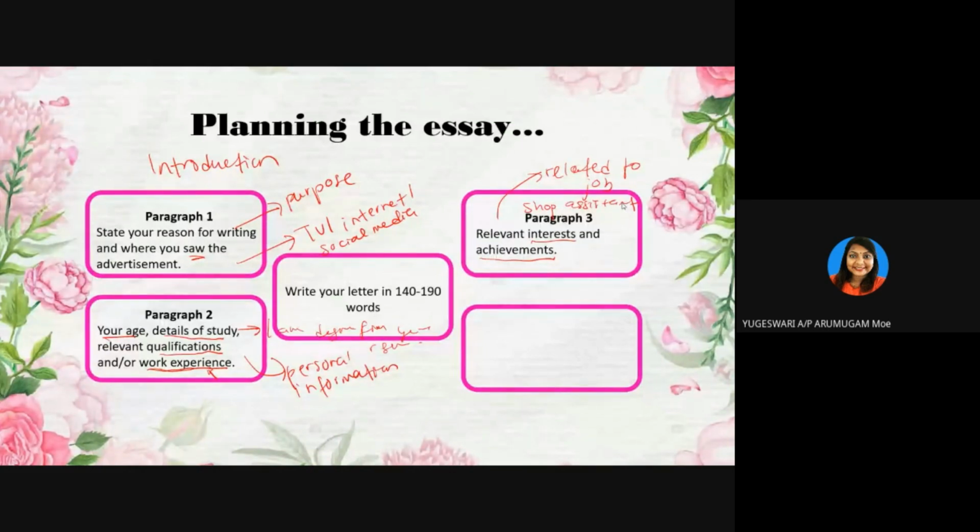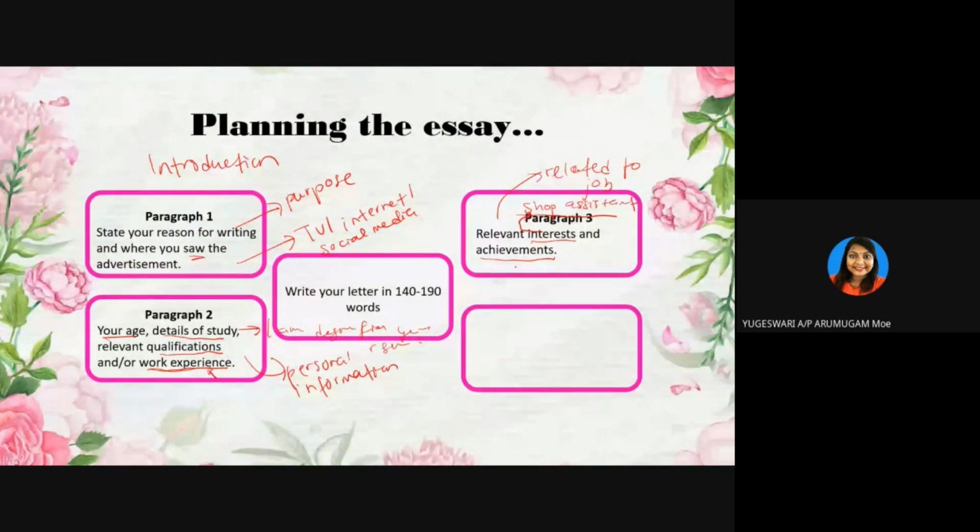For example, I love to meet people and communicate with people. So relate your interests to the shop assistant job. What interests do you have which can help you become a good shop assistant? Maybe you can even say, I'm very good at using social media, so I can recommend information from social media to my customers.